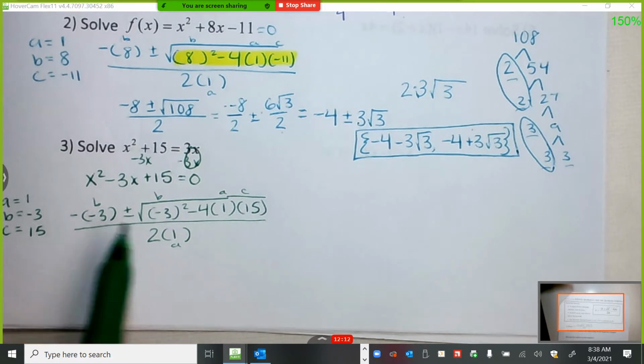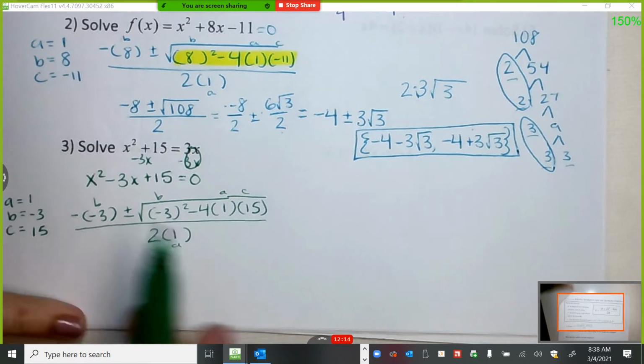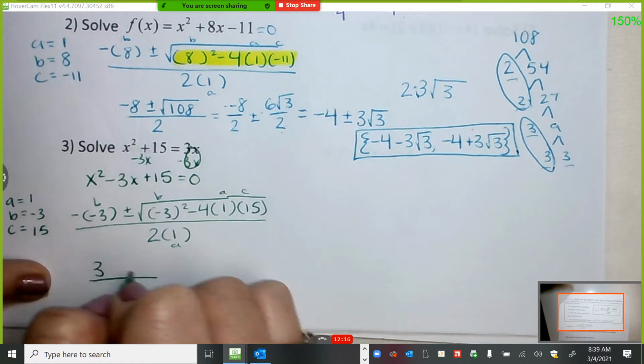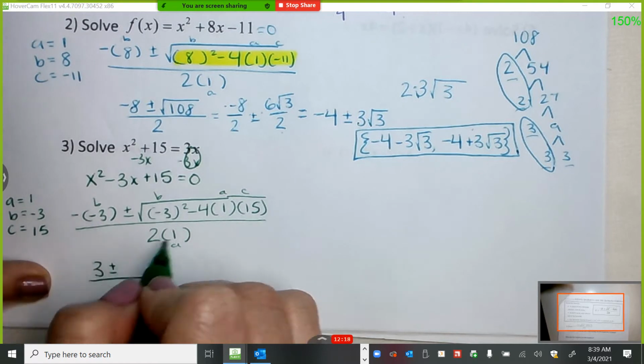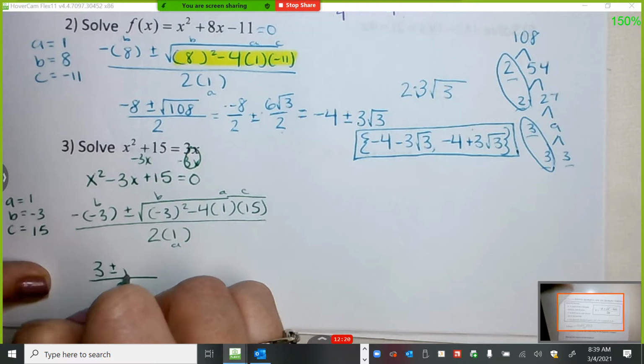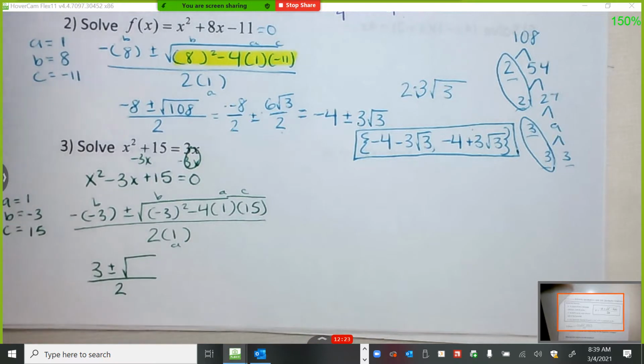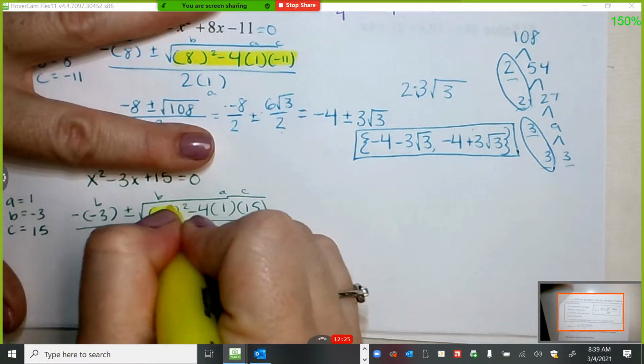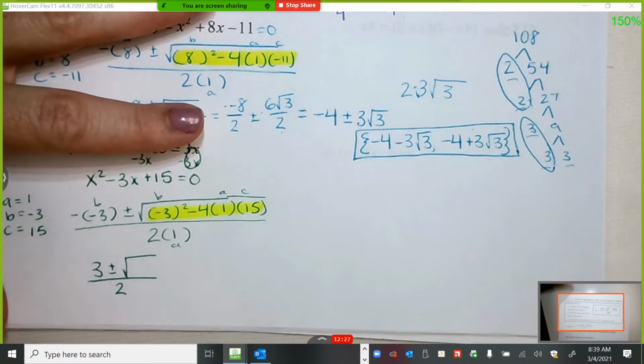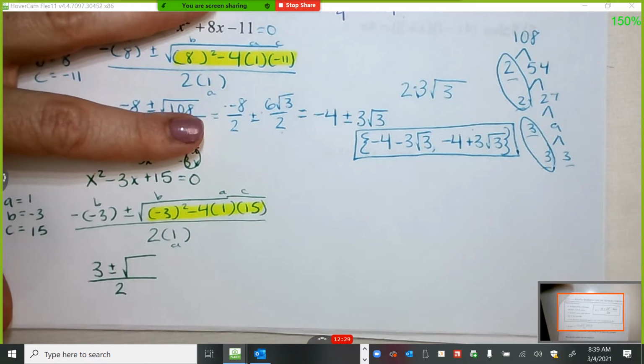Okay, so 2 negatives makes a positive. 2 times 1 is 2. And I'm going to simplify just what's under the house. Has anybody typed that in their calculator? Negative 51.